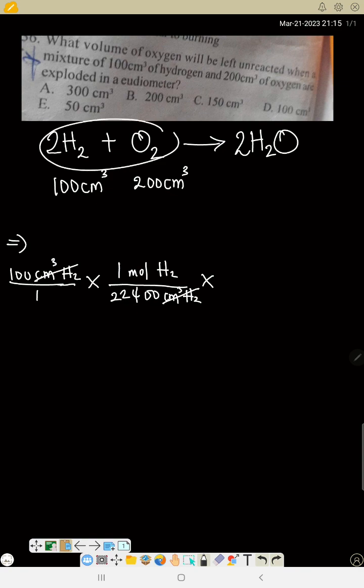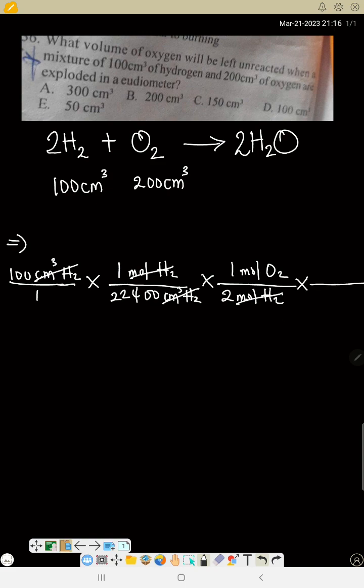From this equation, we already see that 2 moles of hydrogen gas will give 1 mole of oxygen gas, so the moles of hydrogen will cancel out. Now I already know that 1 mole of oxygen gas is 22400 centimeter cube of oxygen gas. So the 22400 will cancel out 22400.